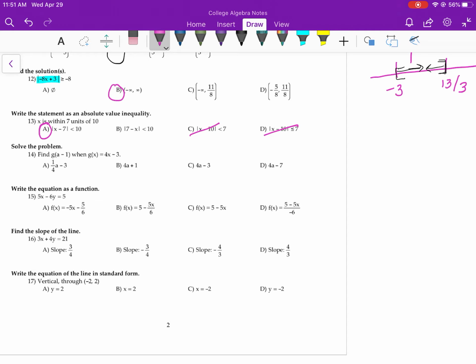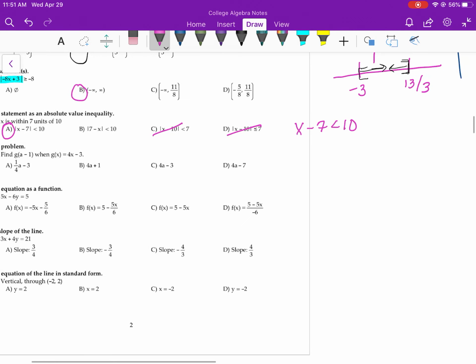If I'm within 7 units of 10, I'm going to be at 3 or 17. And I believe if I take my A and solve it, I'll have x is less than 17 or x is greater than negative 3.